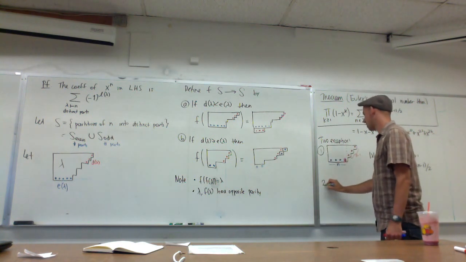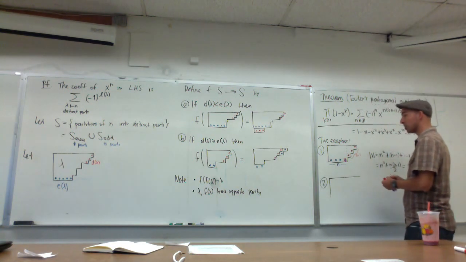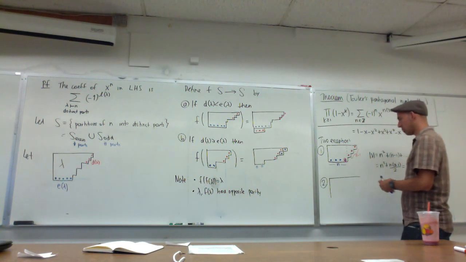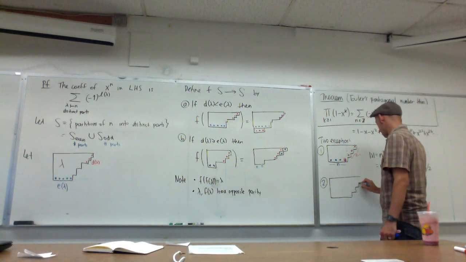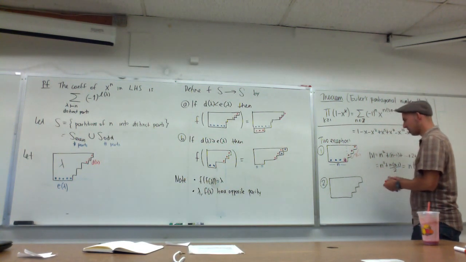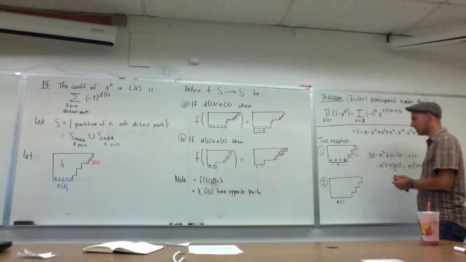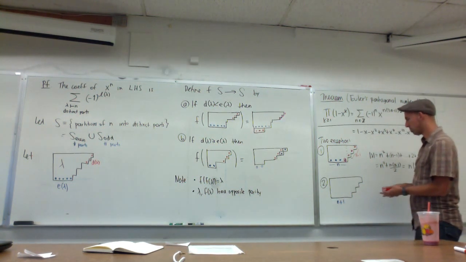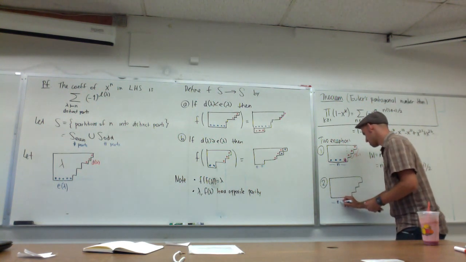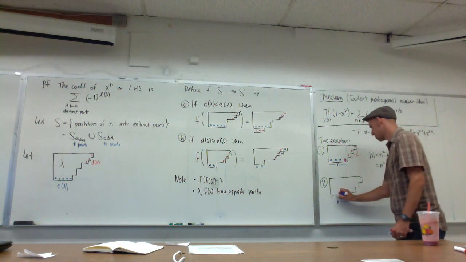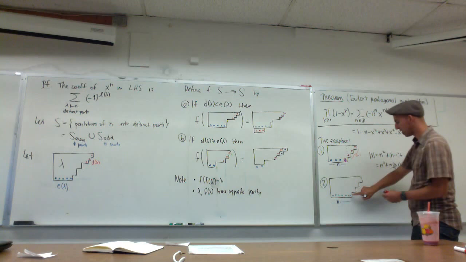And the other exception is very similar, but it occurs when f maps x to x. It's when this is n plus 1 and this is n. This is a bad picture, I'm sorry.